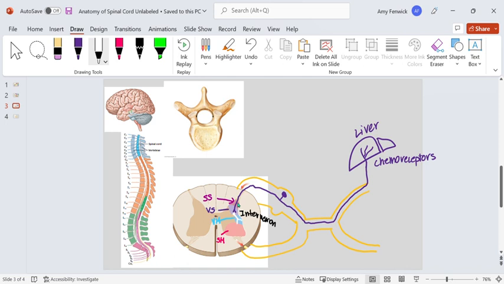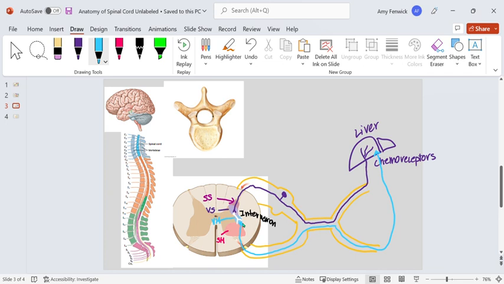And lying in wait in the visceral motor area is a neuron that it synapses with, and that neuron carries information out the ventral root through the spinal nerve, out the ventral ramus, and that may actually carry information back to the liver.